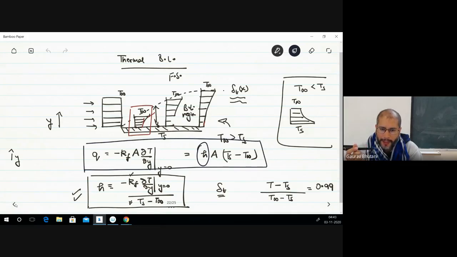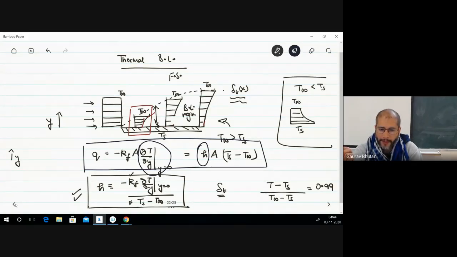So again, you have the temperature gradient del T by del y at y equal to 0. That is extremely important because we want to find the rate of heat flow, which depends on this gradient. And this also helps us to calculate the heat transfer coefficient, which then can be used in Newton's law of cooling to easily calculate the value of Q.